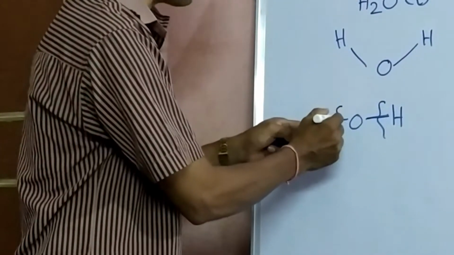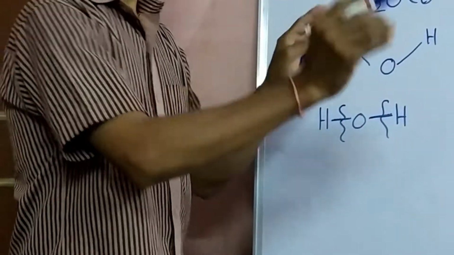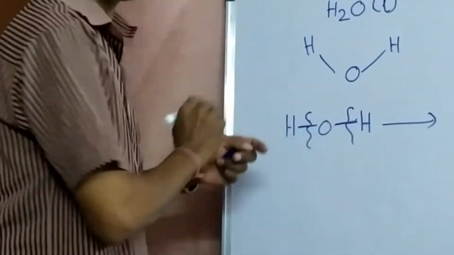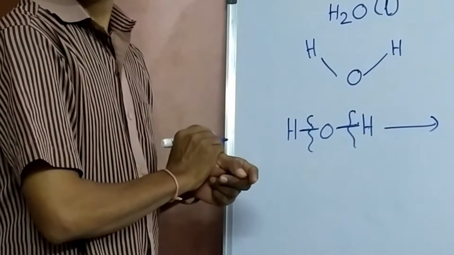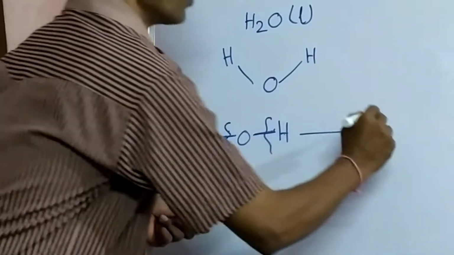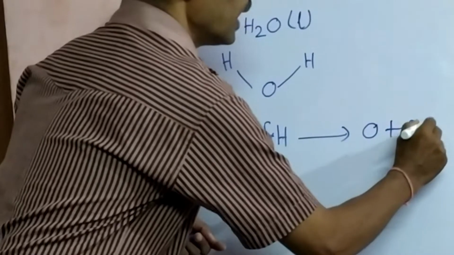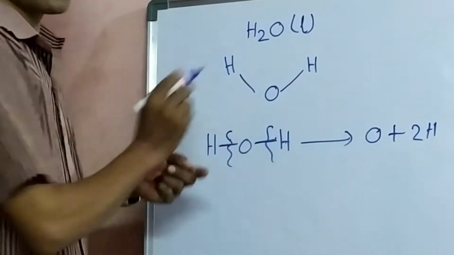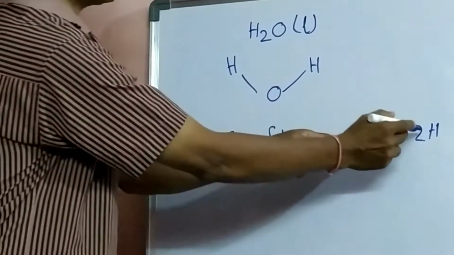Now, if this bond is broken, what will we get? Let us see. Now both are broken. We will get 2H and 1 O. Right? So we will get 1 O plus 2H. Is it not? 2H is there, 1 O is there. Now try to understand this.